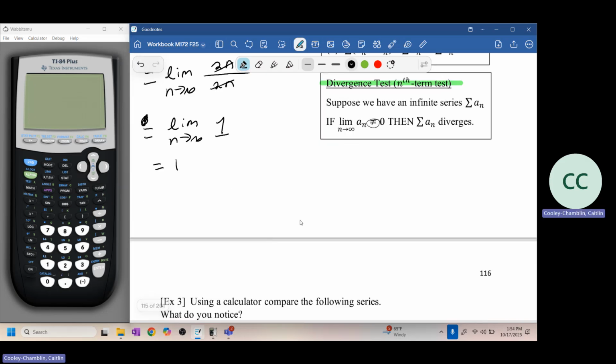So what this test tells me is that the limit as n goes to infinity of n squared over n squared minus 4 does not equal 0. Therefore, the summation of n squared over n squared minus 4 diverges.